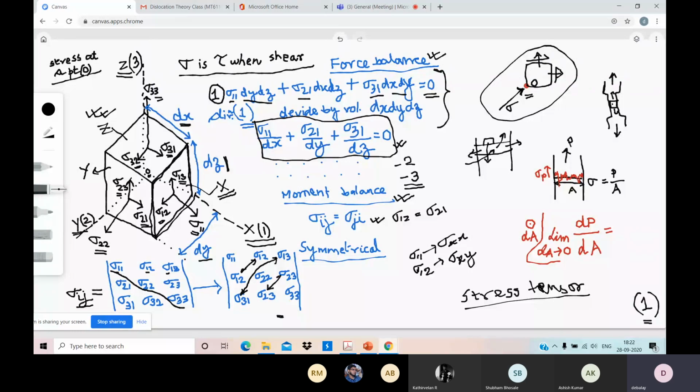So for shear stresses, 1 2 and 2 1 are the same, 1 3 and 3 1 are the same, and 2 3 and 3 2 are the same. As a result, you will find that the stress tensor is a symmetrical tensor.